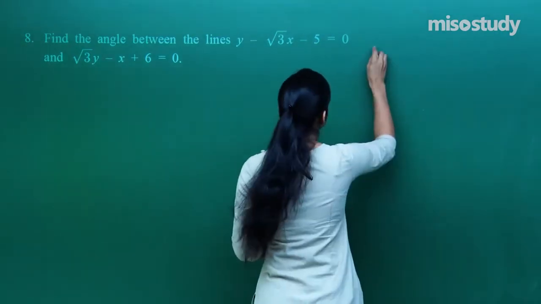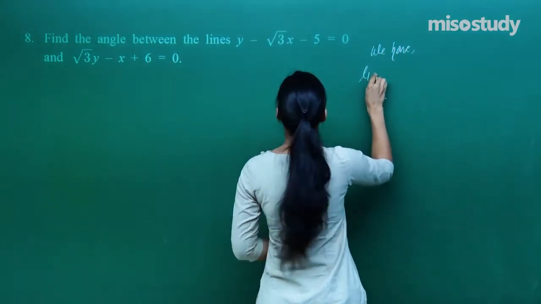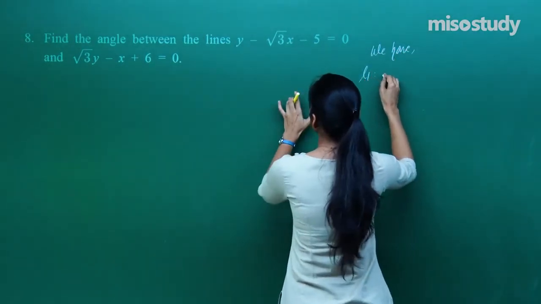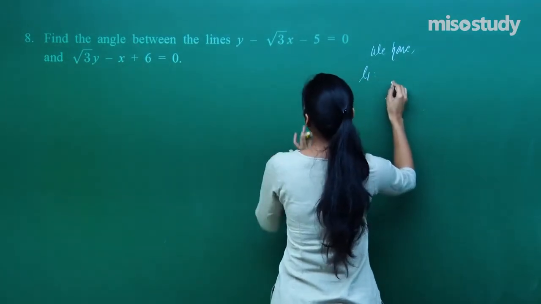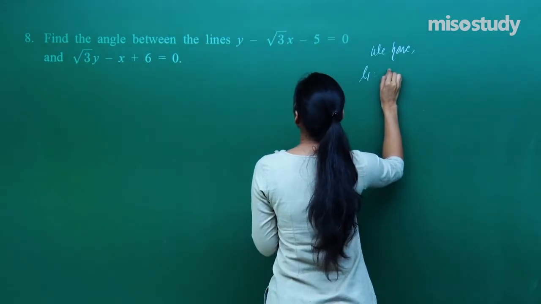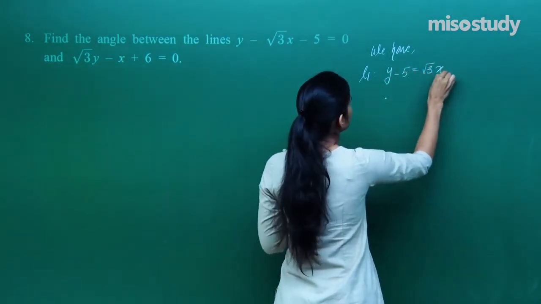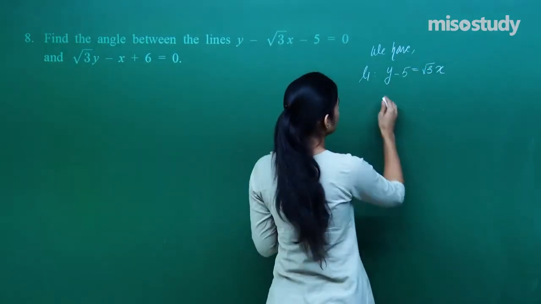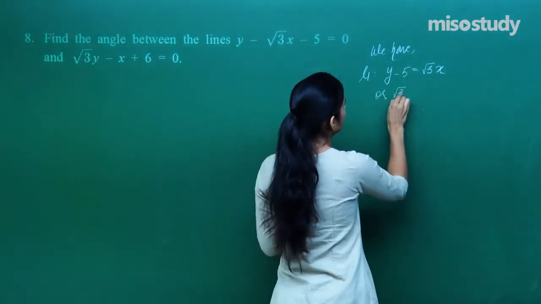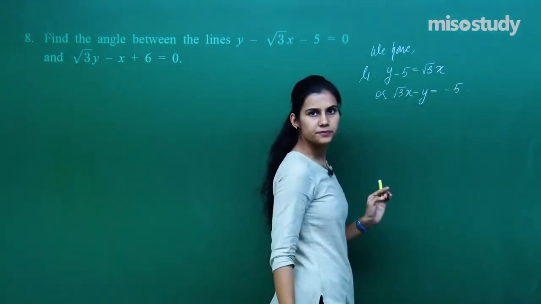So I have line 1 as, let's convert it into the general equation. I have y minus root 3x minus 5 equals 0. So this can be written as y minus 5 equals root 3x, or I can write this as root 3x minus y equals minus 5.